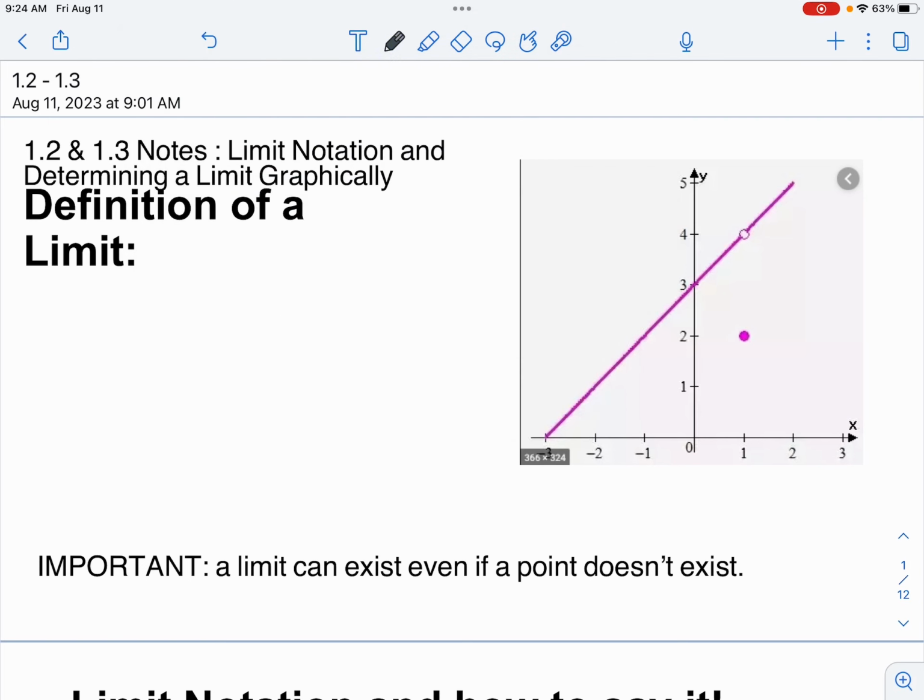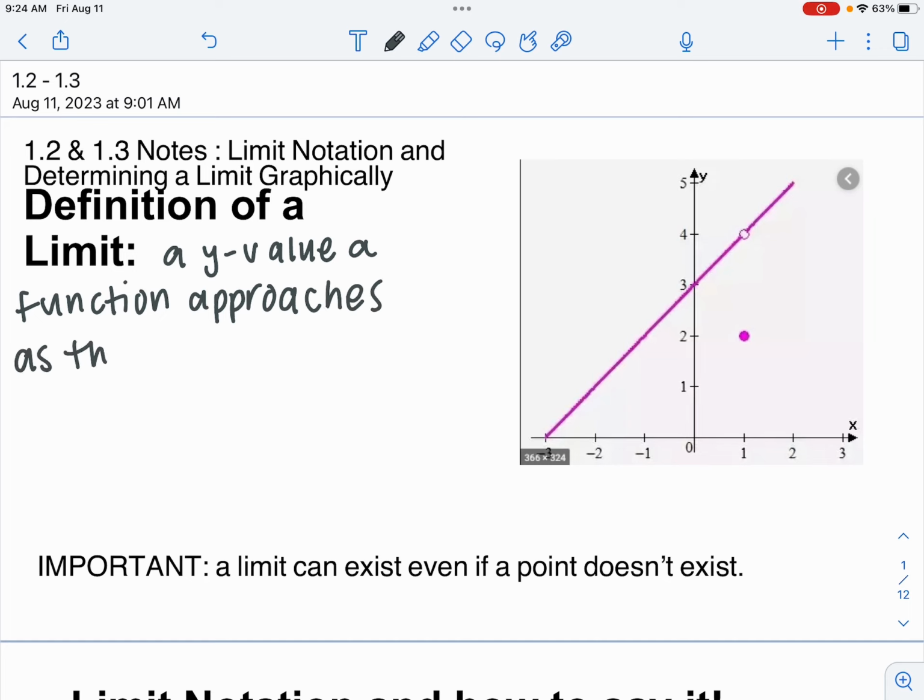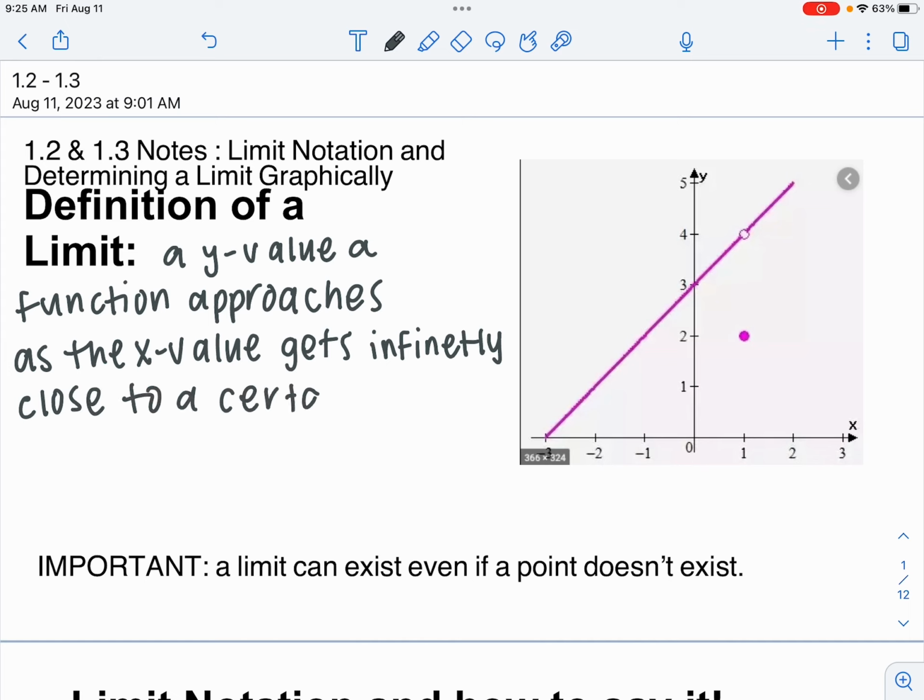A limit is a y value a function approaches as the x value gets infinitely close to a certain point. I'm going to add some notes in a second. But it is a y value a function approaches as the x value gets infinitely close to a certain point.